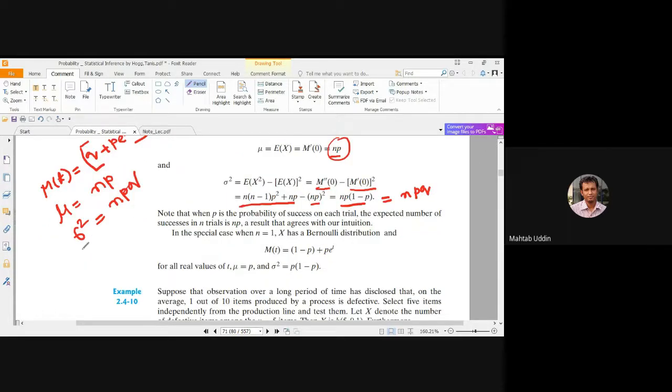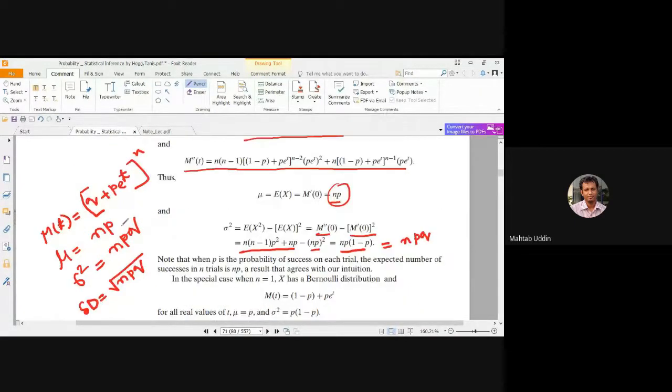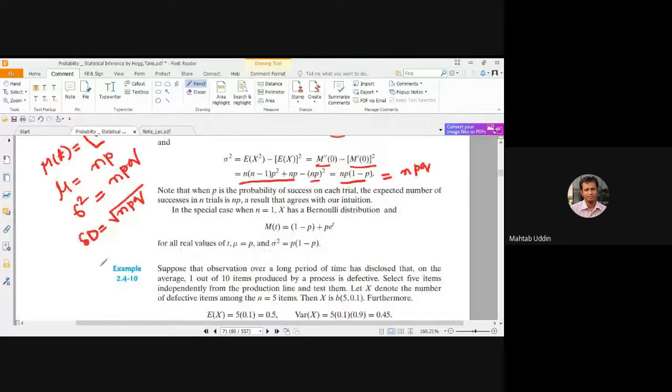So by continuing, we can write the standard deviation. The standard deviation is root over npq. And for a single binomial trial, we will put n equal to 1. Otherwise, all the cases have the same system.